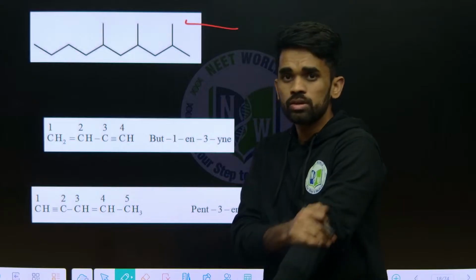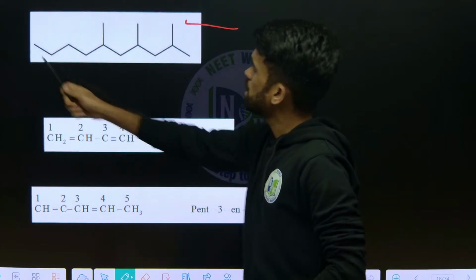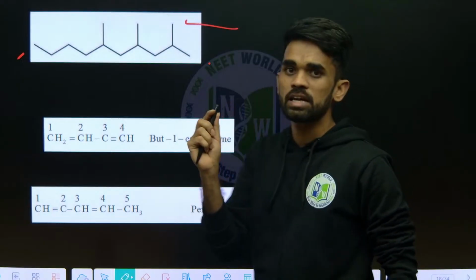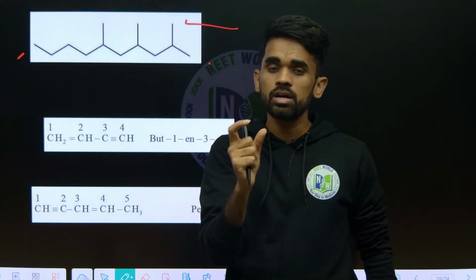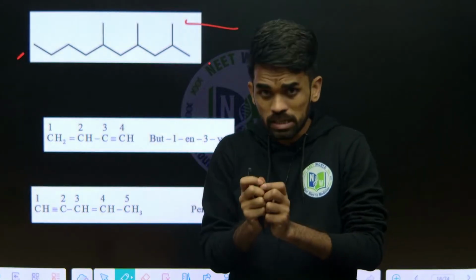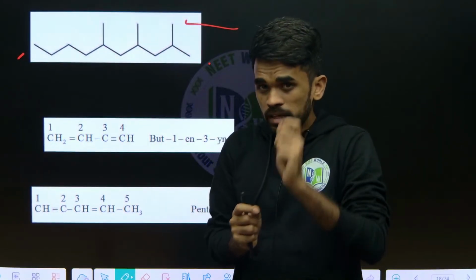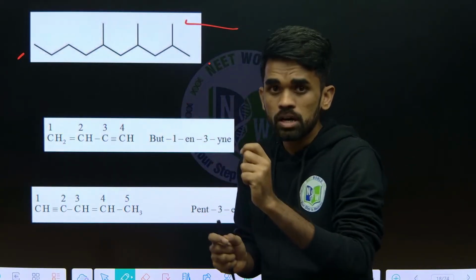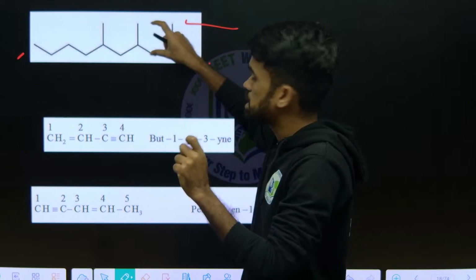Okay, so from where should I start, from here or from here? See, we should always number the given chain so that it produces the longest hydrocarbon chain first. After that, the longest hydrocarbon chain should contain the substituents with minimum numbering.